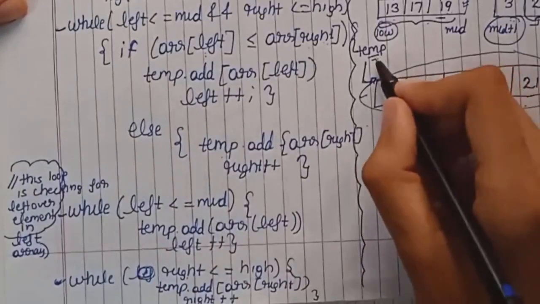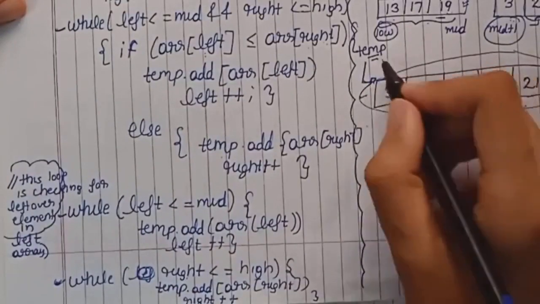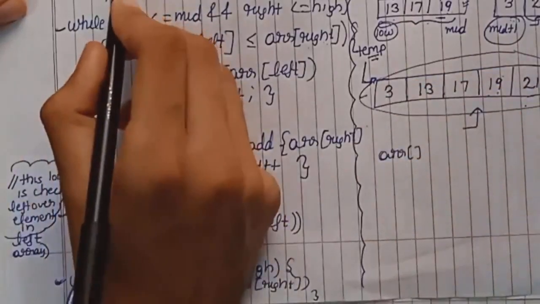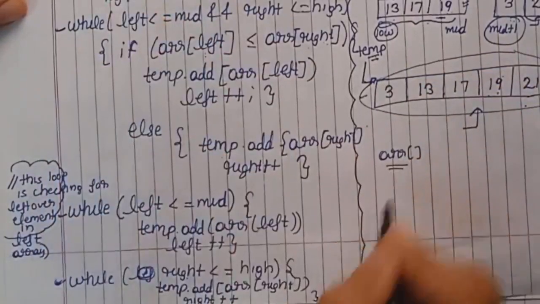And now the next step is to copy the elements of the temporary array into the actual array that we have, which is ARR here.